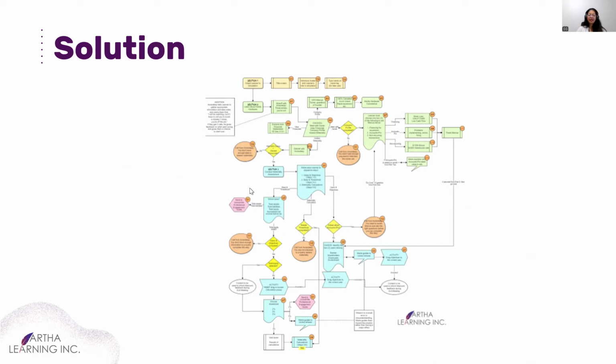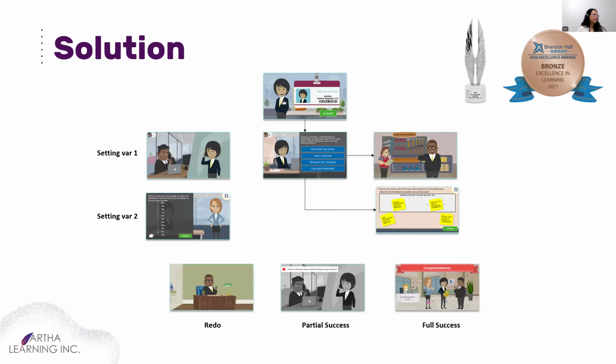This was our real flow chart, and I'm showing a portion of that to you now. We built it all using Beyond animations. There were about 70 plus mini videos that came together to make the learning experience. This ended up winning a Platinum Hermes Award and a Bronze Brandon Hall.